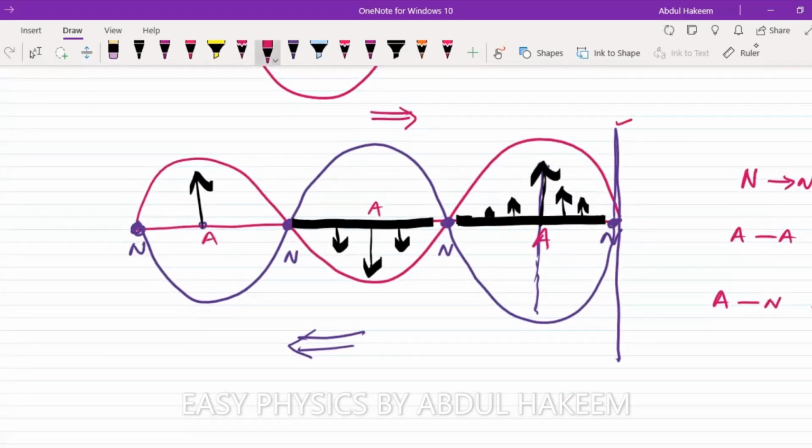It is reflected from the aluminum foil. The microwave is detected due to its heating effect by the thermistor. When the thermistor is moved away from this, here will be high intensity, high temperature, low resistance of the thermistor. Here will be low temperature due to low intensity, but high resistance.